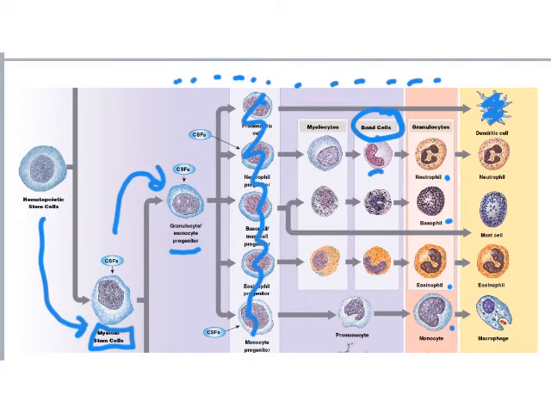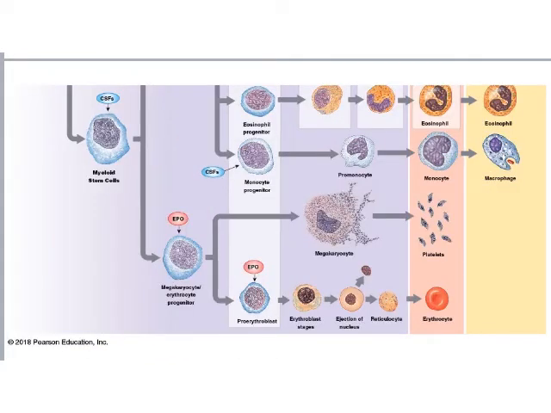All right, let's go down to the lower part of this chart. So in addition to the myeloid giving us the granulocyte, monocyte type cells, it can give us the megakaryocyte, erythrocyte progenitor type cell down here. If this differentiates into a megakaryocyte, that's what you get, and you get platelets that break off.